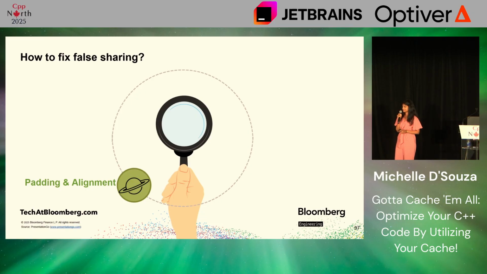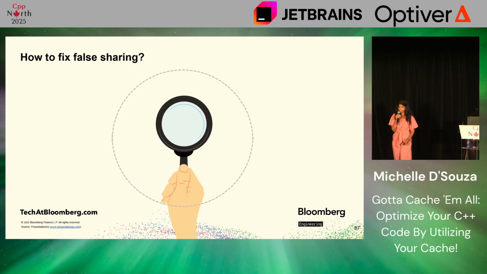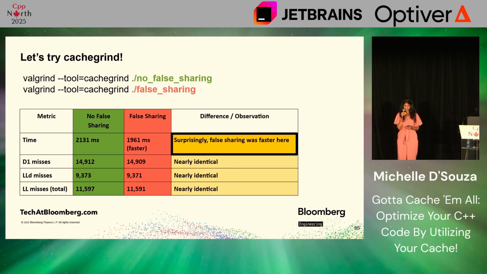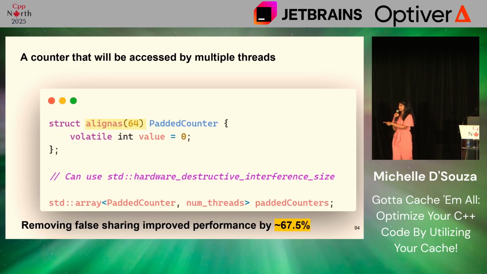Yes. I think you mentioned earlier in your presentation that there are different cache line sizes. Yeah, that's true. That's why things like std::hardware_destructive_interference_size are useful. You should not be hard coding cache line sizes like I did. So that's the way around that. Okay, thank you.